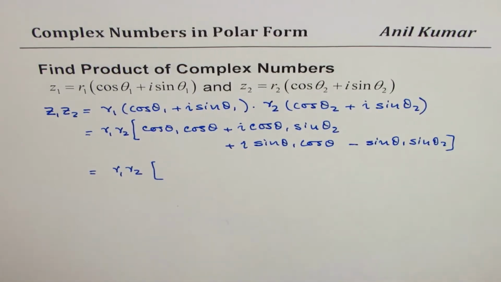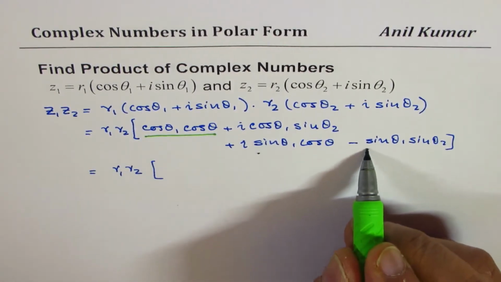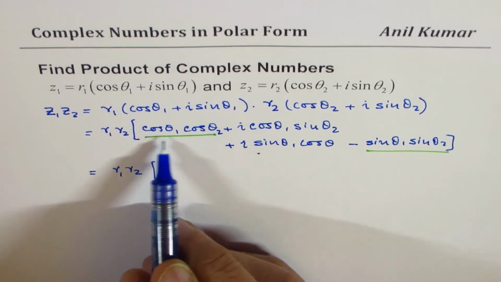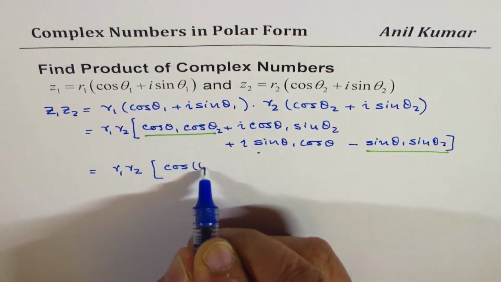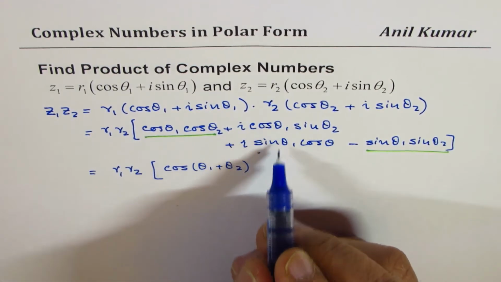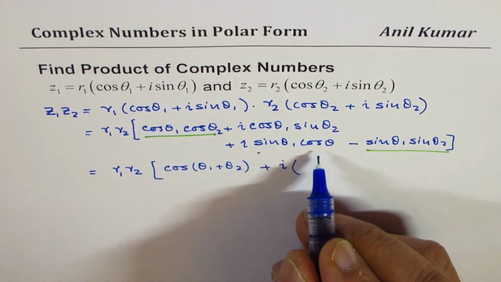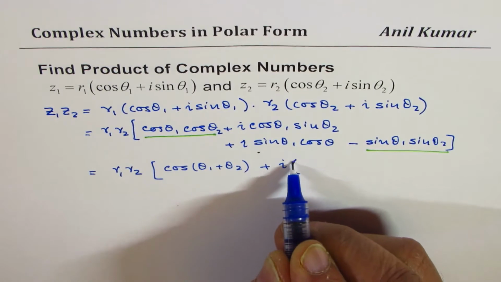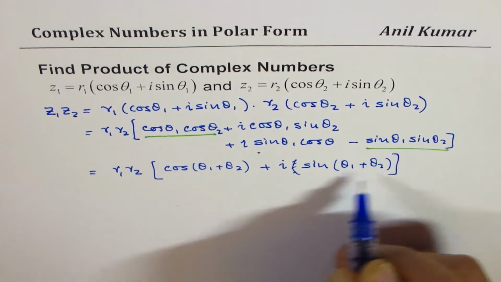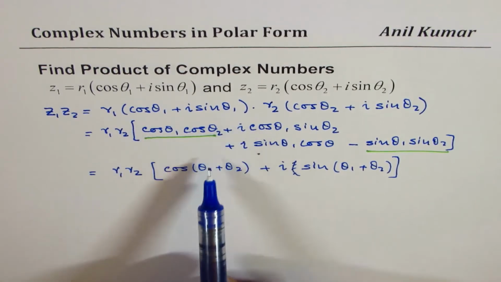Now if you combine the terms, which are cos theta 1 cos theta 2 and sine theta 1 sine theta 2, what do you get? You get cos of theta 1 plus theta 2, right? Compound angle formula. And here, these two terms, if you combine, you get i sine of theta 1 plus theta 2, right? Combination of these angles. So that is what happens when you find their product, right?